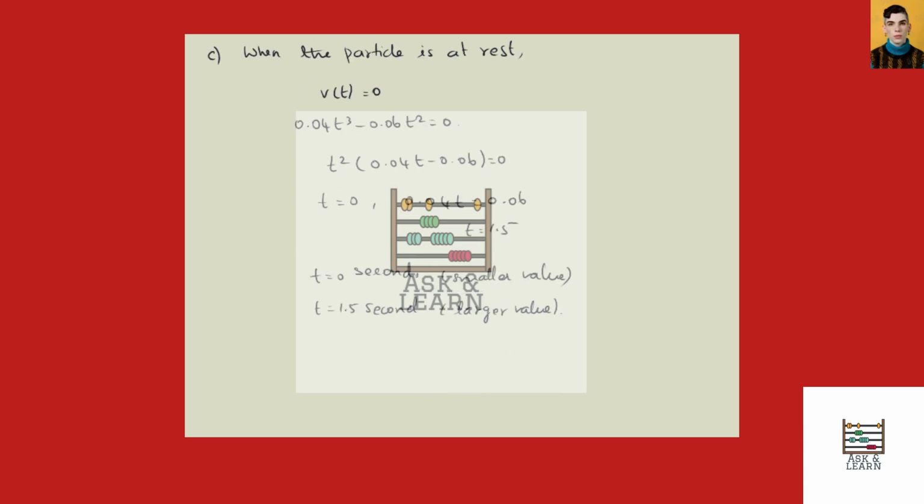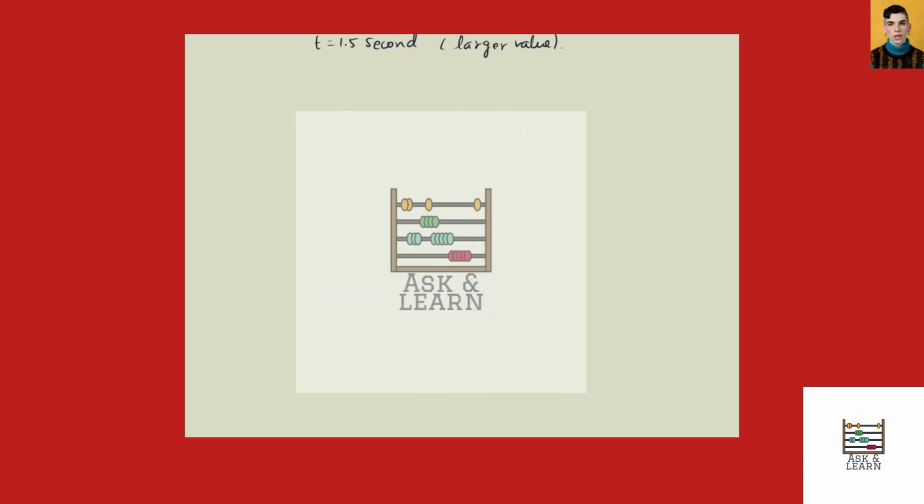And then here we have to find when the particle is moving in positive direction. The particle is moving in positive direction if the velocity is greater than 0, for the value of t greater than 1.5.